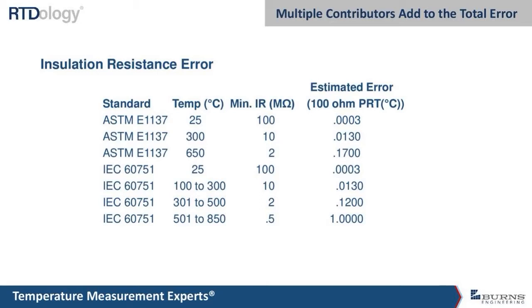At maybe 300 degrees C here, we're only at 0.013. Not a very huge error, but we are at just 10 megohms, and when this 10 drops down even farther, the 0.013 gets a lot bigger. So it is something to be concerned with, and insulation resistance checks should be done on the probe periodically throughout its life, just to make sure that it is staying moisture free or contamination free on the inside.